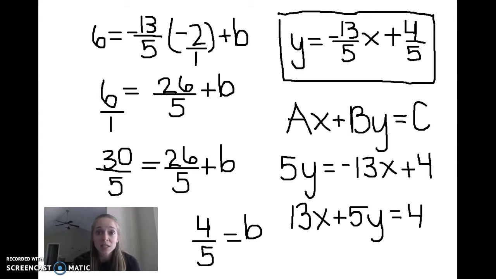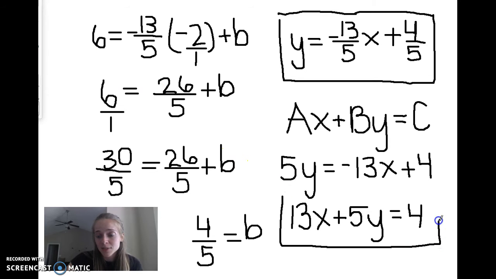I double check here that my x term is positive, and it is. If it wasn't, then you'd have to multiply everything by -1. Here I don't need to do that, so at this point I'm done. I'm going to just box that in, and I'm done for this one. Please don't hesitate to let me know if you have more questions after watching this.